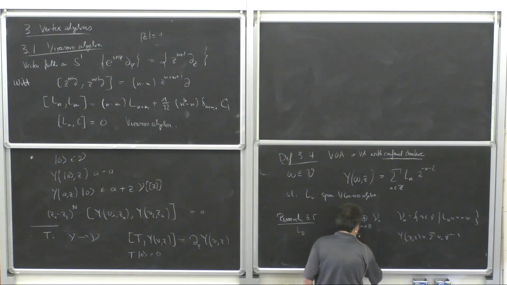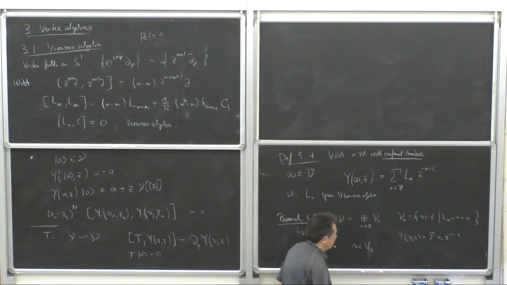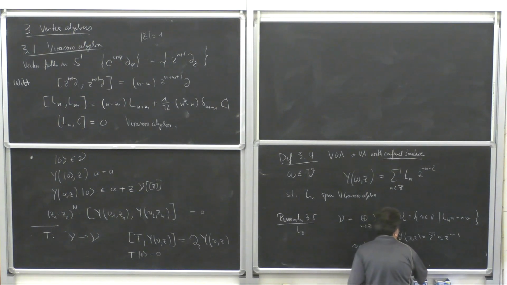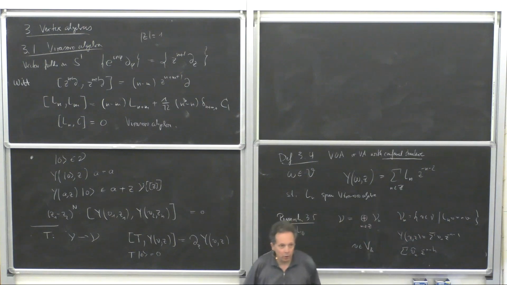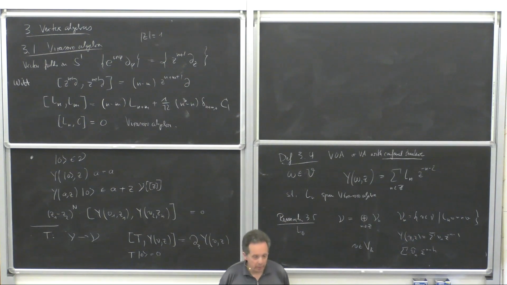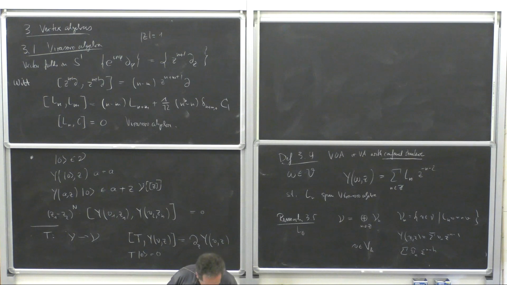Physicists will say, if v is in the component with eigenvalue h, then they will prefer to write it as v_n twiddle z^{-n-h}. This is a reason for considerable confusion.